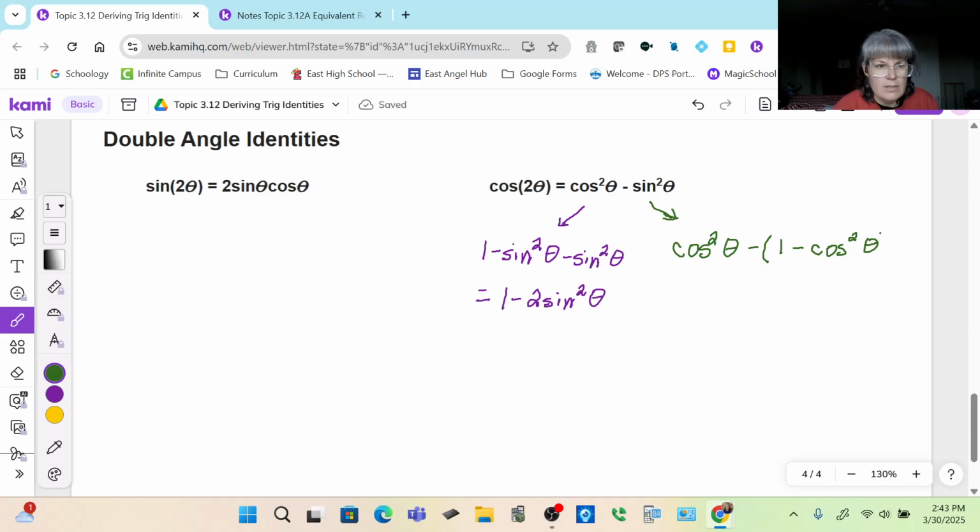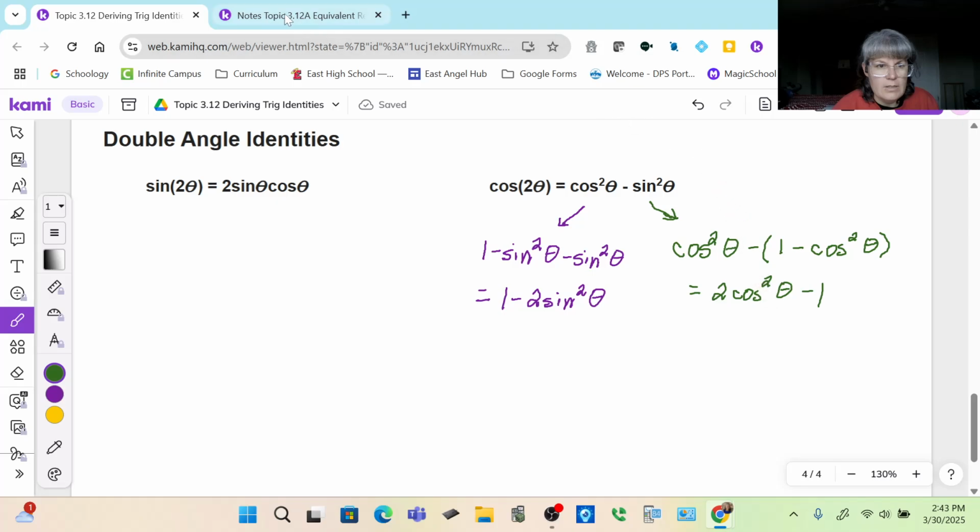And when we distribute that subtraction through, we'd have cosine squared plus cosine squared, so that's going to be 2 cosine squared minus 1. Now, if you can just remember the cosine squared theta minus sine squared theta for the cosine double angle identity, you can derive these other two forms. Might be helpful to use those forms when simplifying or rewriting trig functions.